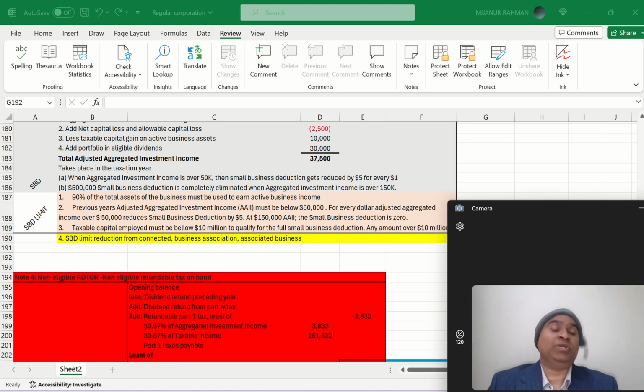Let's say you and your spouse own a corporation, and then your spouse owns another corporation where she's the sole shareholder. That would be an associated corporation. Both corporations now share the $500,000 small business deduction. Okay, so these are the four criteria.